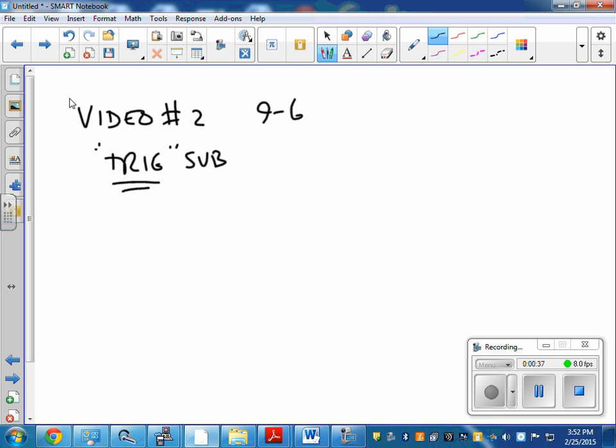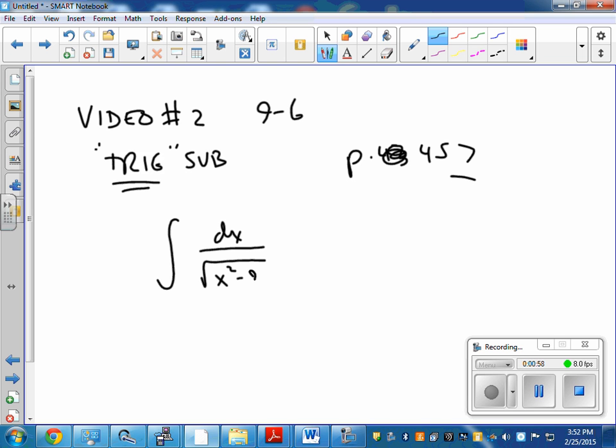Let's look at a problem. We're trying to integrate example 1, page 457. Example 1, the integral of dx divided by the square root of x squared minus 9, or if you want, the integral of (x squared minus 9) to the negative 1/2 power times dx.